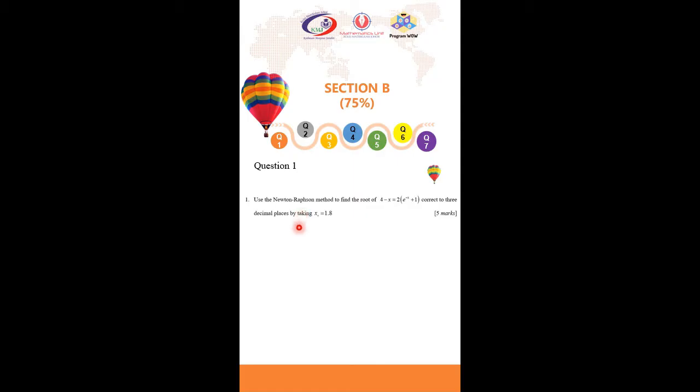You have to show that the equation has a root lying in the interval 1, 2, and hence, using the initial value given, you have to use iteration to find the root. Okay, so let's see the solution for question 1.